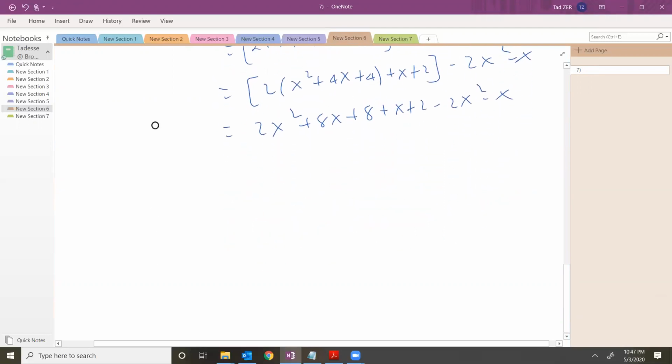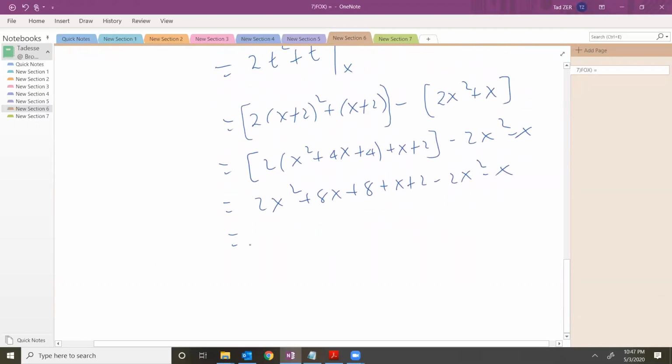I'm just finding capital F using the fundamental theorem of calculus. So 2x squared minus 2x squared cancels out, x minus x cancels out. So the answer will be 8x plus 8 plus 2, which is 10. So this is what F of x is.